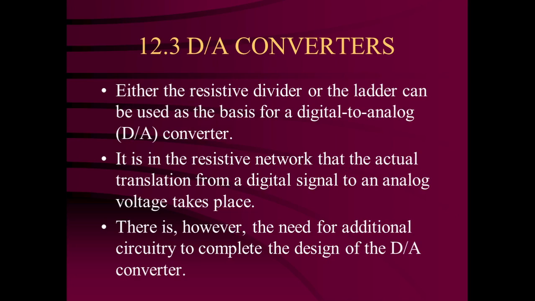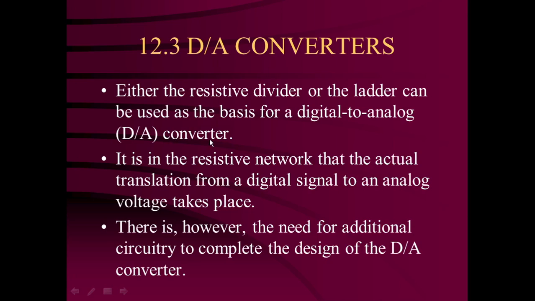Now, how is this circuit converting, and what additional blocks are required for converting in these D to A networks? So, here we are going to study 12.3, D to A converters. Either the resistive divider or a ladder can be used as a basis for a digital to analog converter.